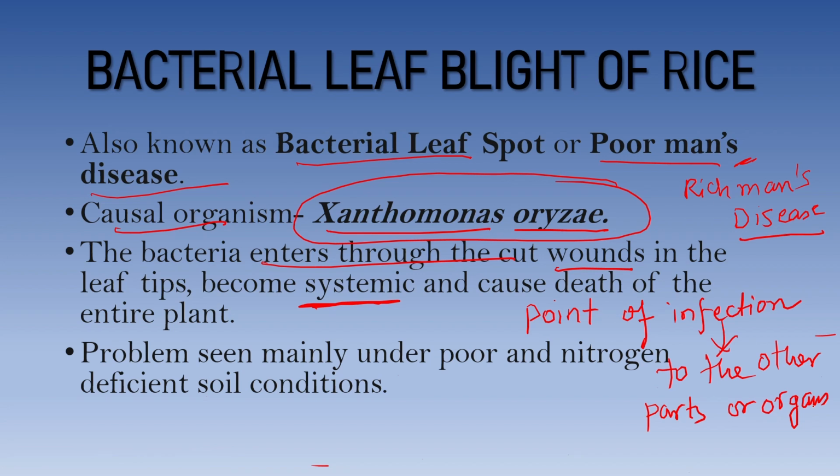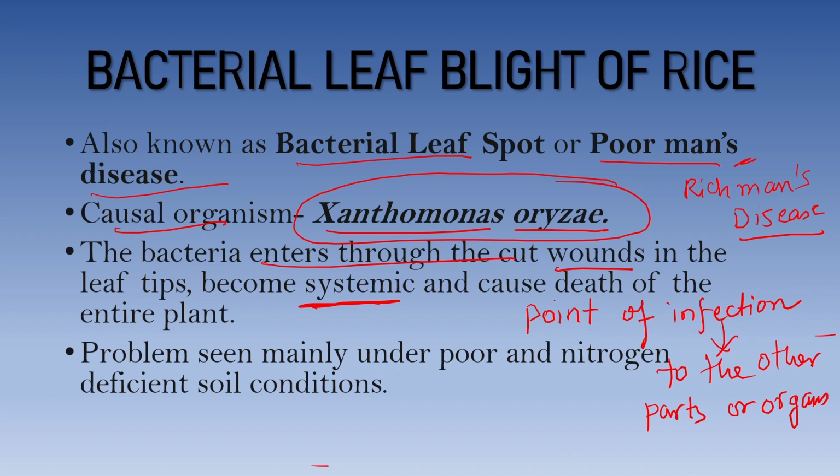Understood? So, systemic is the transfer of disease from a point of infection to the other parts of the organism, and then killing of that part or organ, and ultimately leading to the death of the plant. This is the systemic disease.